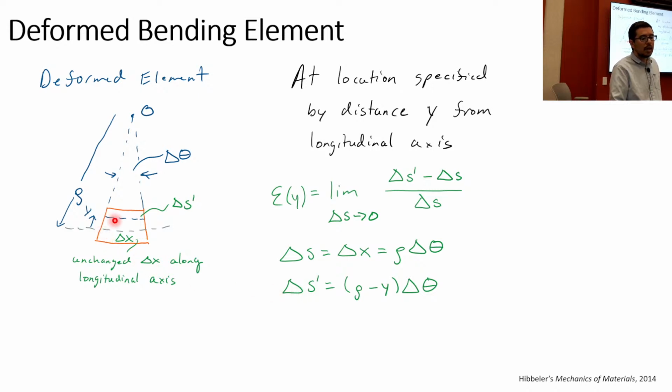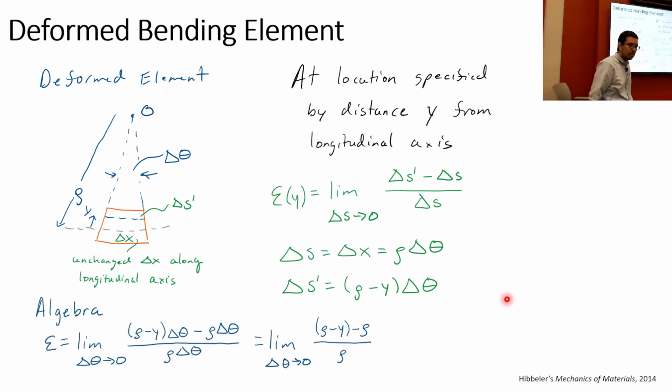What about here, though? Well, look, the new radius for this delta S prime, what is it? It's actually the rho minus the y. That gives you the radius from O to here. So then I just multiply that by delta theta, and that gives me the delta S prime. Cool.